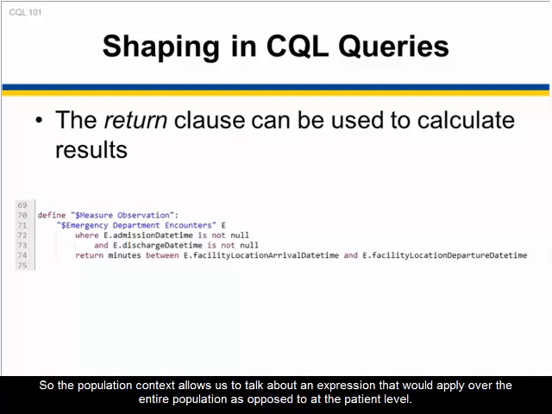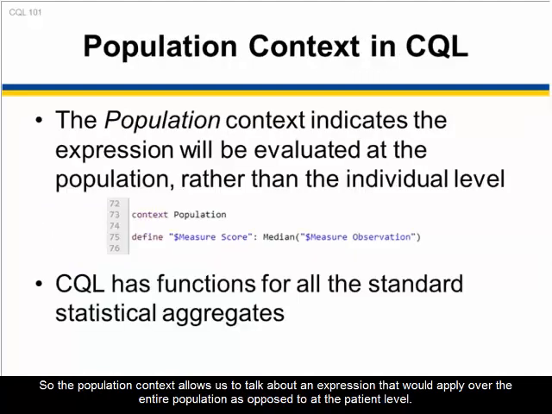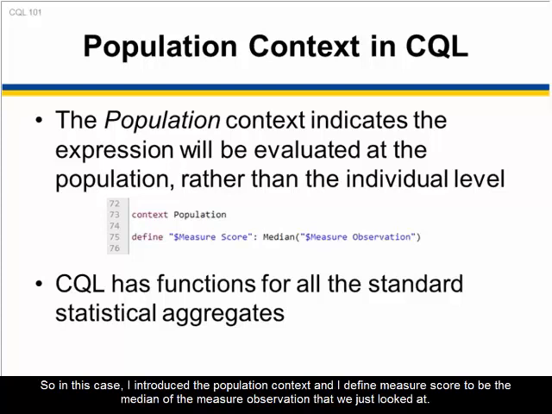So then the population context allows us to talk about an expression that would apply over the entire population as opposed to at the patient level. So in this case, I introduce the population context, and I define measure score to be the median of the measure observation that we just looked at.